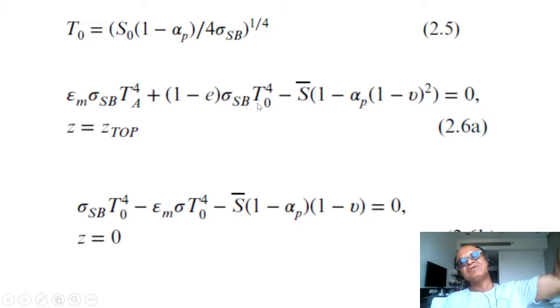So there is an atmosphere emitting at its emissivity, and the surface is emitting at 1 minus epsilon m, and it's going to be balanced by the energy received from the sun, where not only does it have an albedo, but the atmosphere is now not completely transparent to the shortwave radiation.